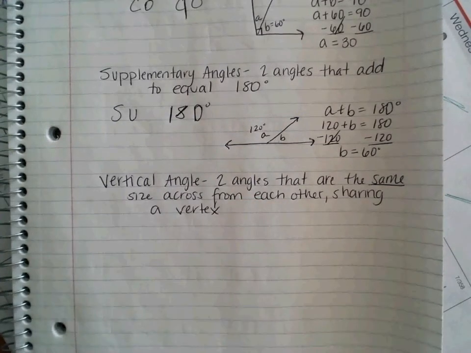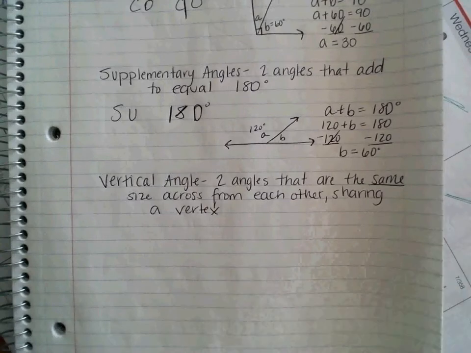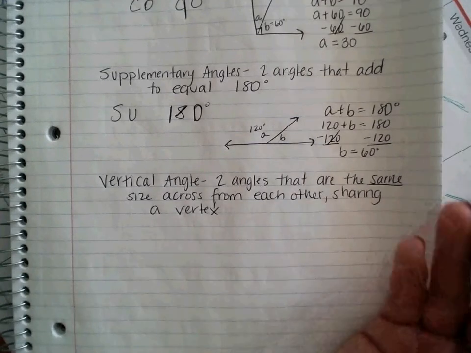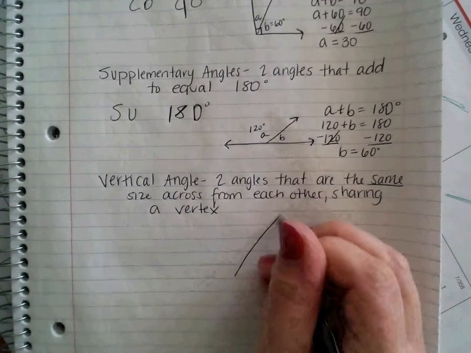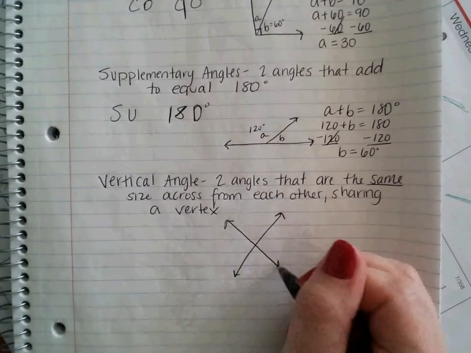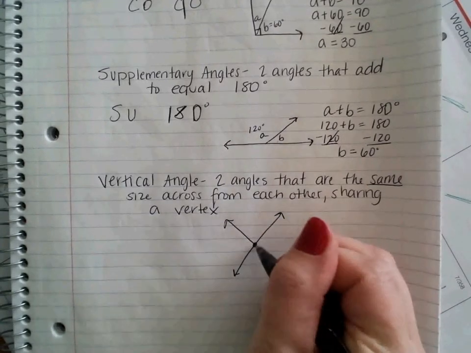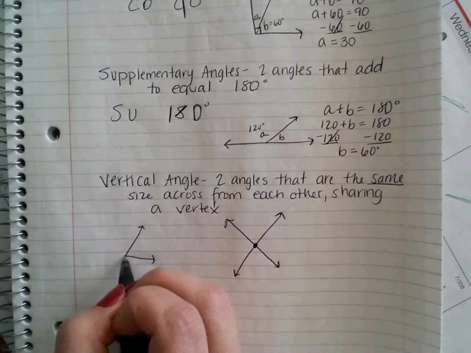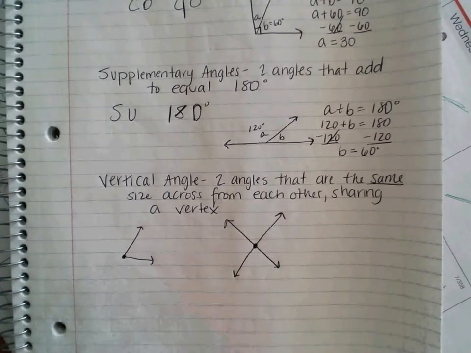And remember, a vertex is a point where the angles come together, where two lines, two segments come together to create an angle. So a vertex is that point where two lines intersect and that vertex is that center. So that vertex of an angle here is right here.